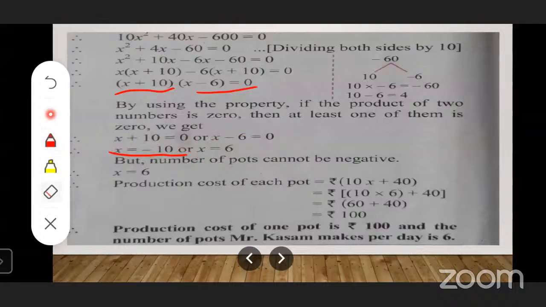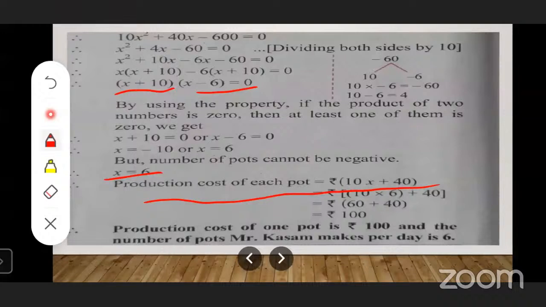Right? So x is the number of pots. And what we are actually finding out is the production cost of each pot. The number of pots is x is equal to 6. What is the production cost of each pot? 10x plus 40.